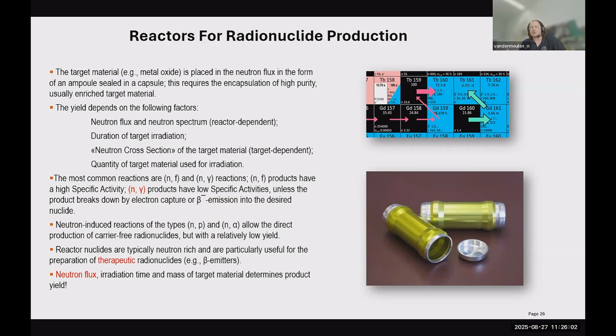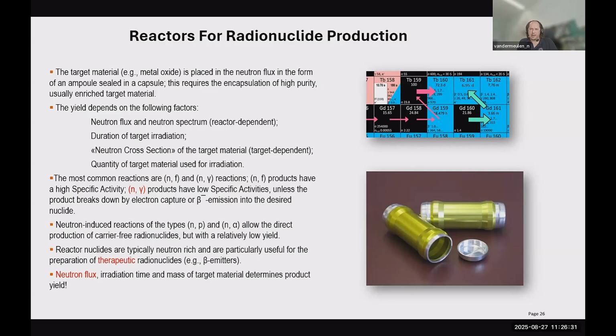So this is where the cross sections also have a big role to play, to go along and see what these types of reactions do. The most common reactions are your neutron fission reactions, as I showed before, and your N-gamma reaction. That is what you would see to the right, say, with gadolinium-160. An N-gamma reaction is indicated by the green arrow that goes through to the one to the right, which shows gadolinium-161.